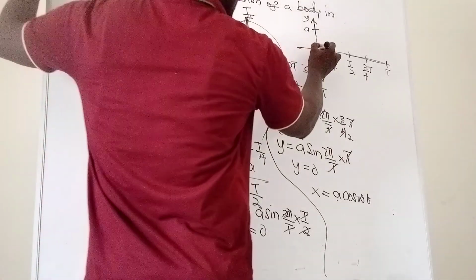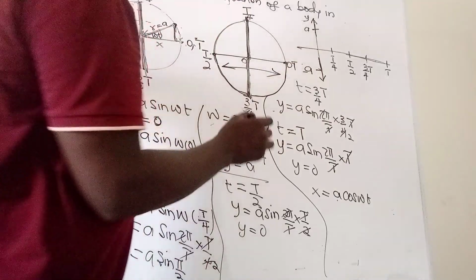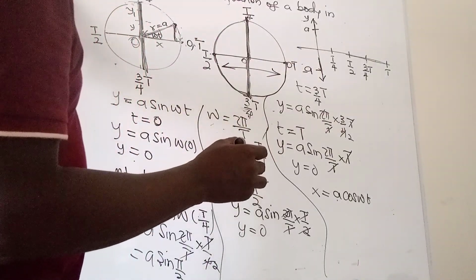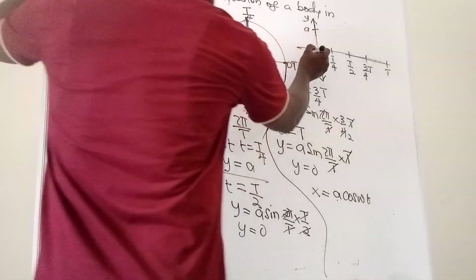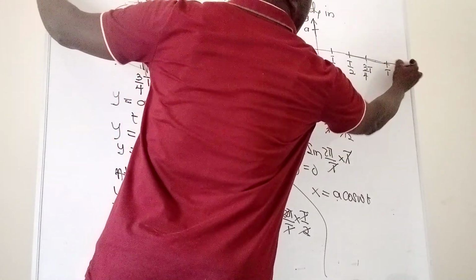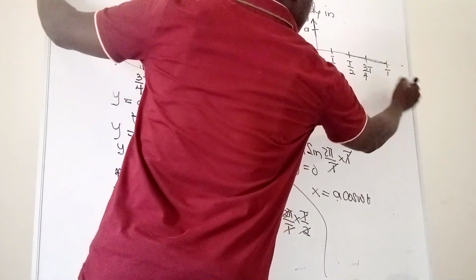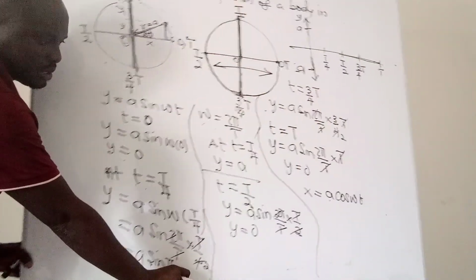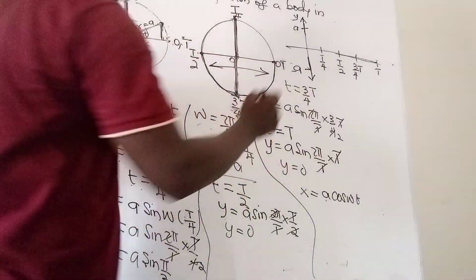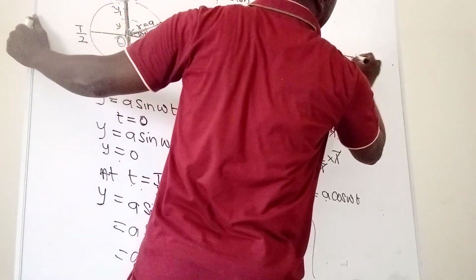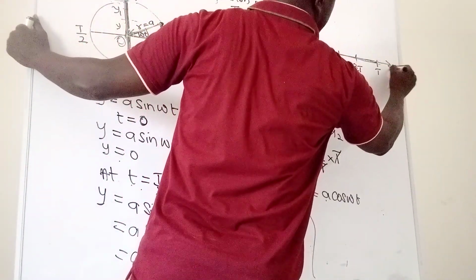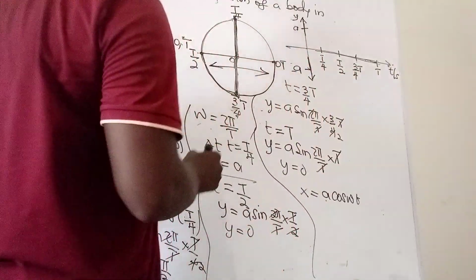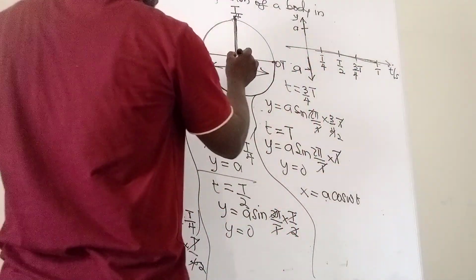So at t is equal to 0, we realize that the displacement is 0. Let me adjust my board a little bit. This is t. At t is equal to 0, the displacement is 0.